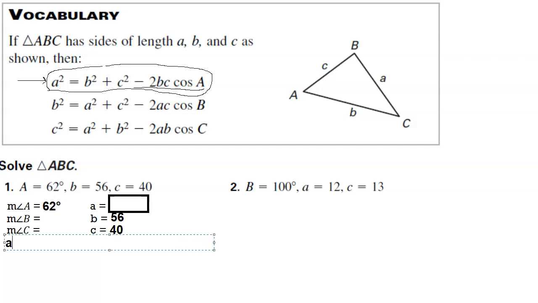It's going to say a squared equals 56 squared plus 40 squared minus 2 times 56 times 40 times the cosine of 62.